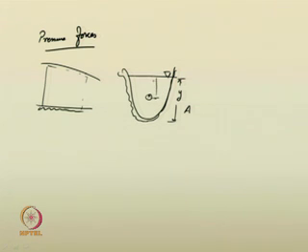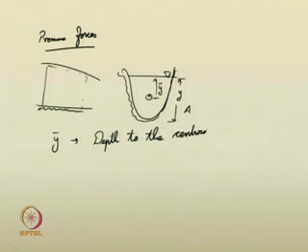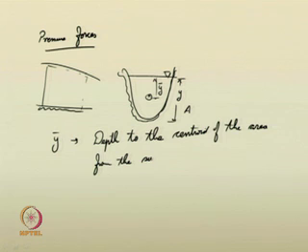The centroid of the area naturally will be at a certain depth, and we give it by the depth y bar. Y bar is the depth to the centroid of the area. This depth is calculated from the water surface. So, one can easily identify many properties now.